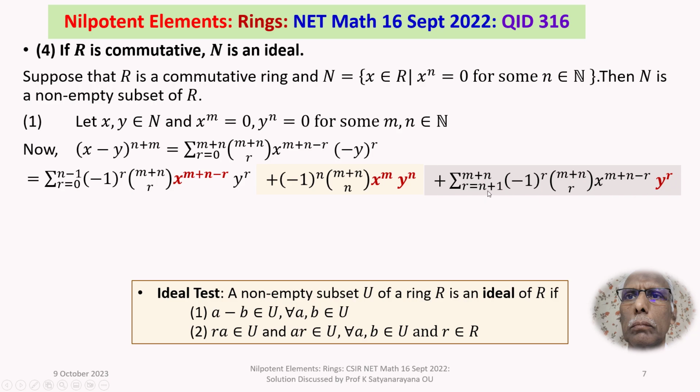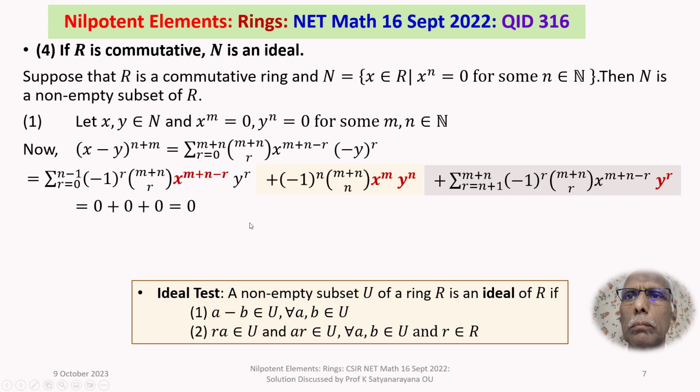For r greater than n, y^r will be equal to 0. So each is equal to 0. So 0 plus 0 plus 0 is equal to 0.